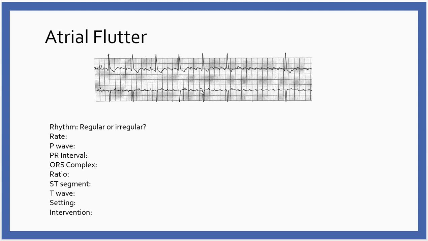You can't see T waves at all in the V lead, all you see are flutter waves. Maybe I could do a QT interval from this one: beginning of the QRS, end of the T wave.